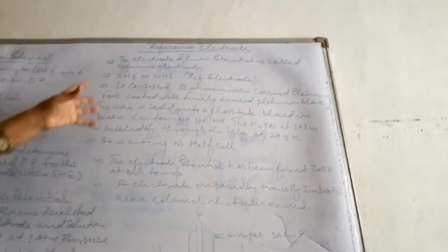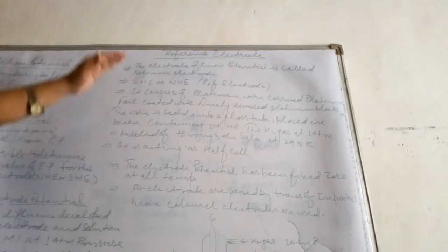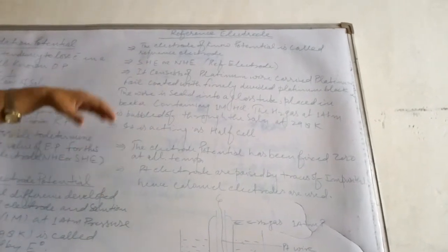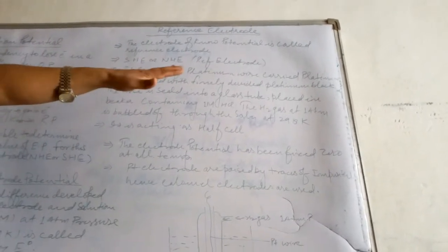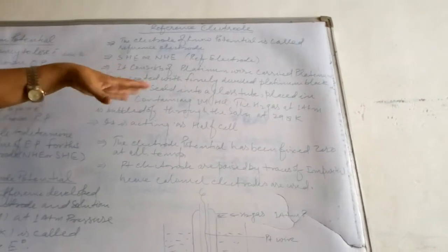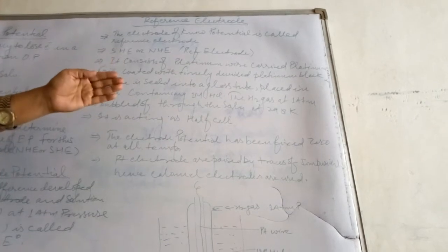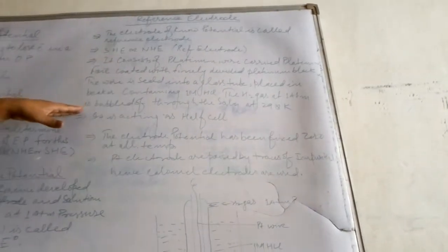If this situation is met somewhere, that system will be considered the reference electrode, SHE. So children, what is SHE? It consists of a platinum wire carrying a platinum foil coated with finely divided platinum black, sealed into a glass tube placed in a beaker containing 1 molar hydrochloric acid solution, and hydrogen gas at 1 atmosphere pressure is bubbled up.